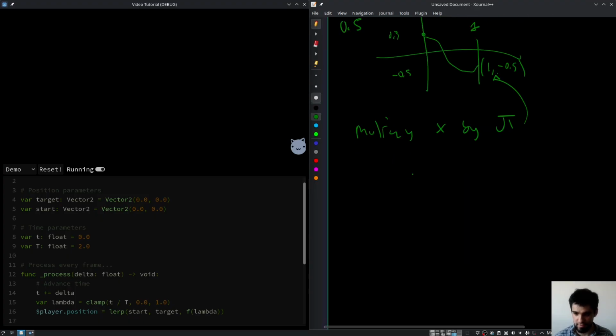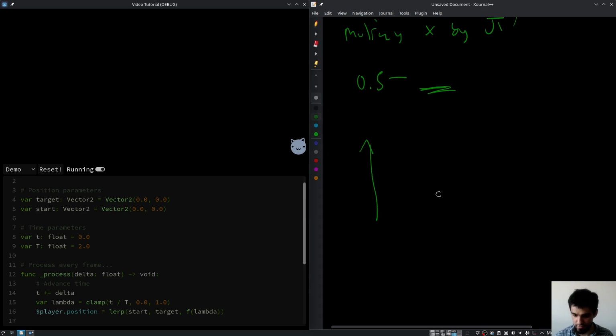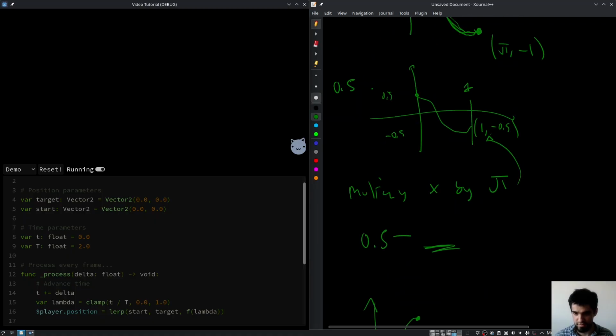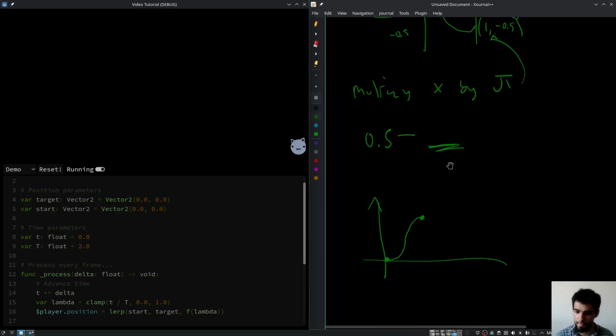And finally, if we do 0.5 minus what we have above, that is finally going to arrange it so that it now begins at 0 and ends at 1. Because 0.5 minus 0.5 is 0, but 0.5 minus -0.5 is actually 1.